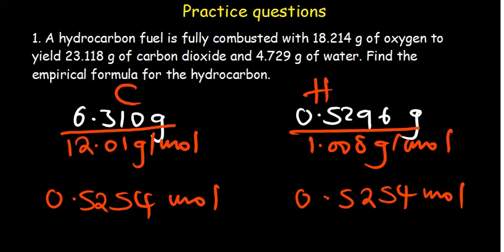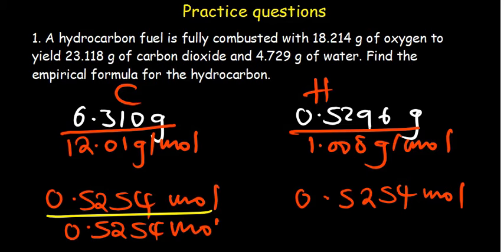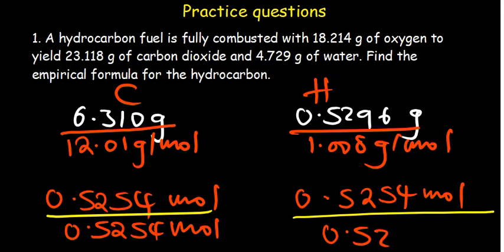So you always divide by the least number of moles. In this case, the values are just the same.